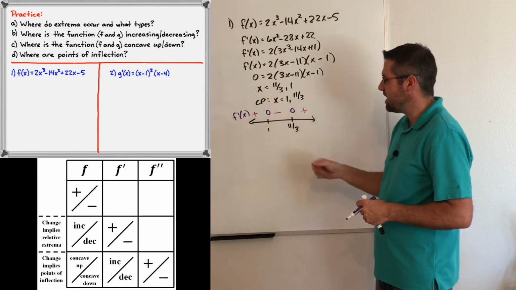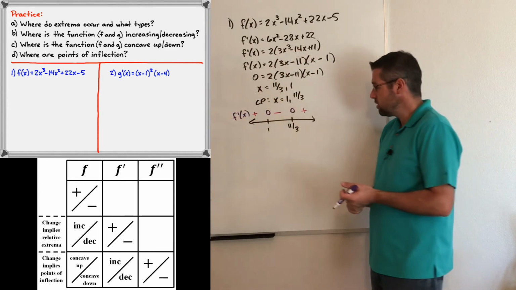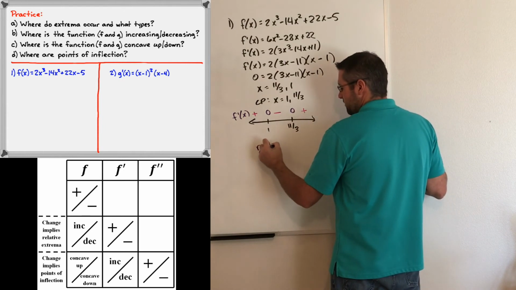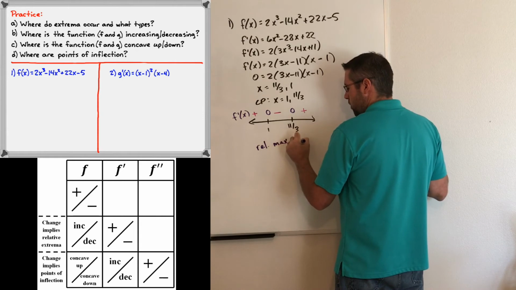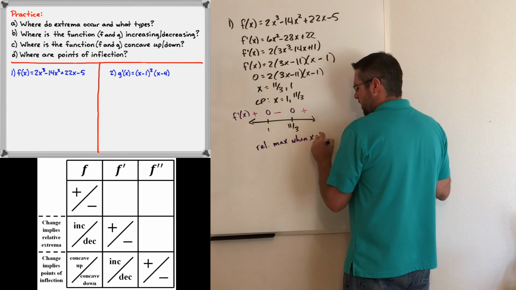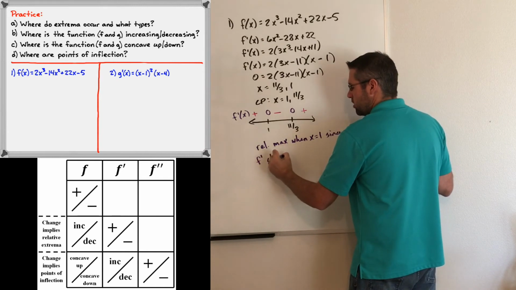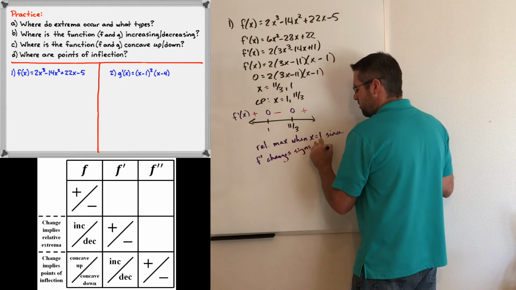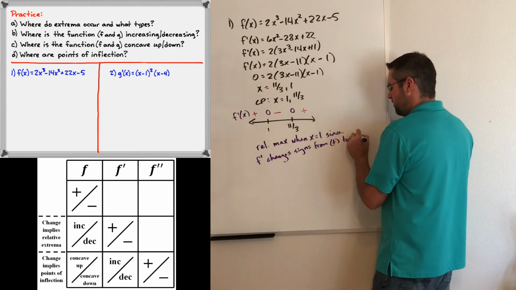Well, that means that f is increasing, then decreasing, then increasing again. So we can conclude that we have a relative maximum when x equals 1, since f prime changes signs from positive to negative.